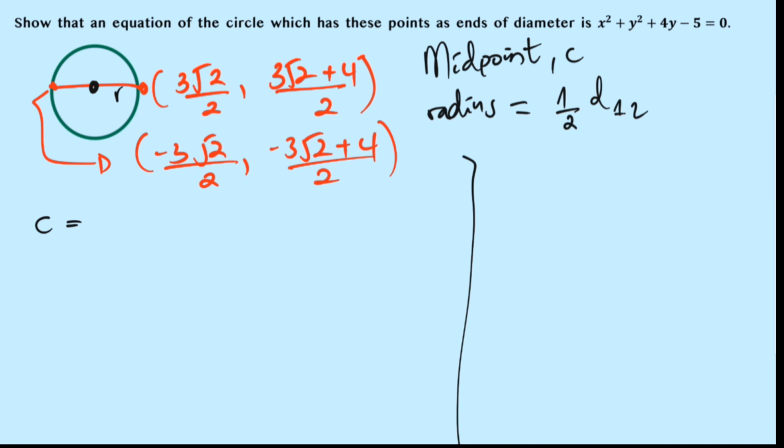It looks very cumbersome because they are huge fractions. So 3 root 2 over 2 plus negative 3 root 2 over 2.